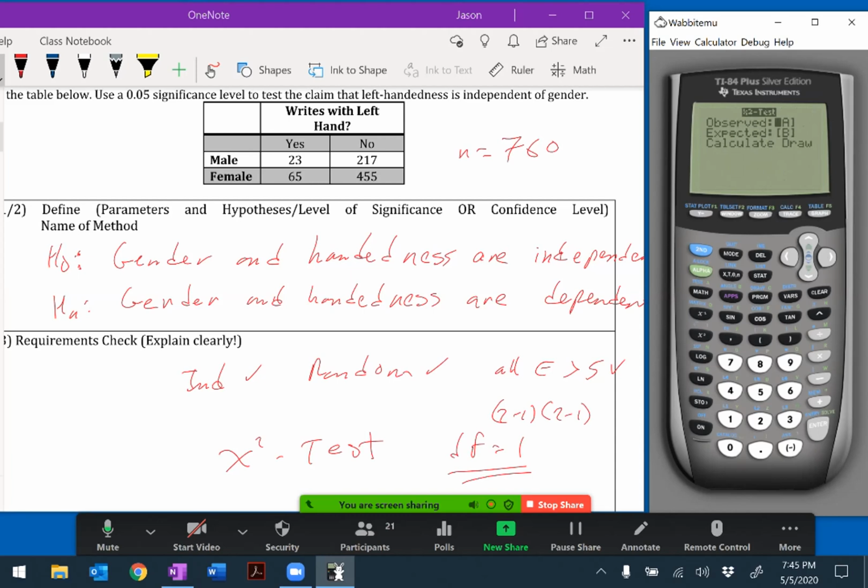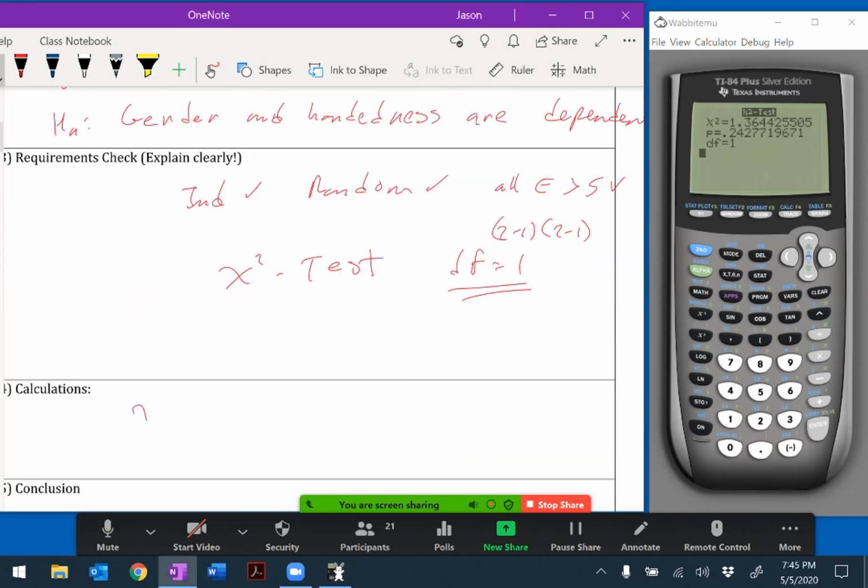Observed is in matrix A. That's correct. Hopefully I saved that okay. Where do you want the expected to go? Matrix B. Calculate. The chi-square is equal to 1.364, and my p-value is 0.242, and I know that it did it correctly because the degrees of freedom it's showing me is 1.